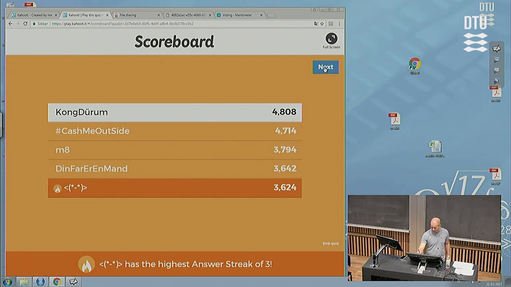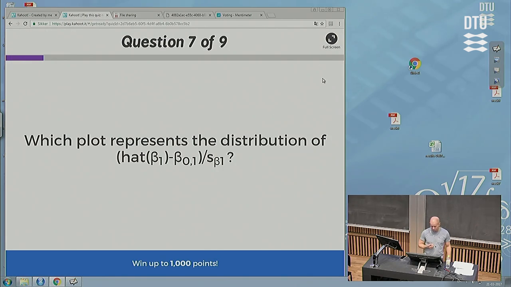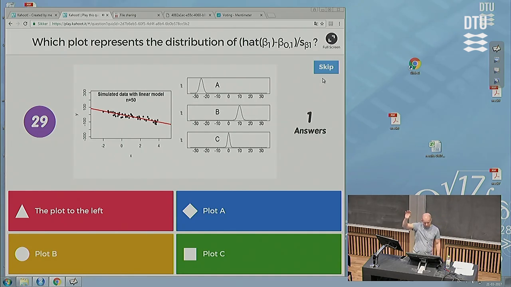King here is still on the top. This is the expression hat minus truth divided by sigma. So it's the same expression on the slide, but in a low-key way. Remember the theorem I gave you for that.